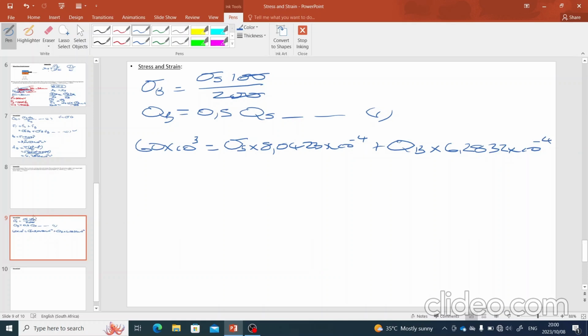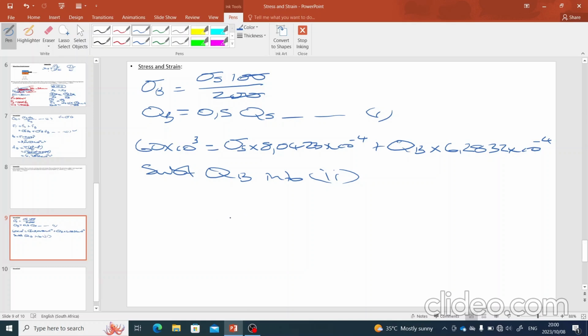That's what we have there. We can then substitute stress B into the second equation. Where we have stress B in the second equation, we will put that.